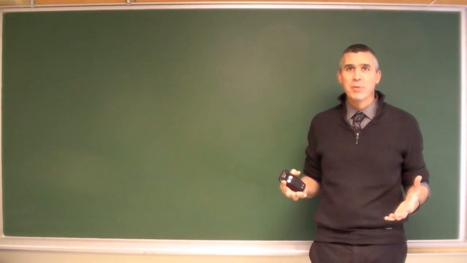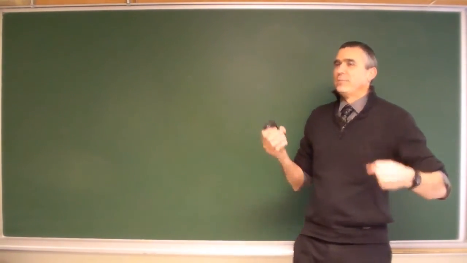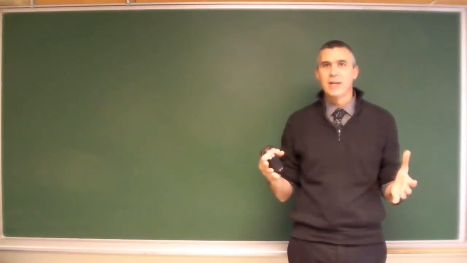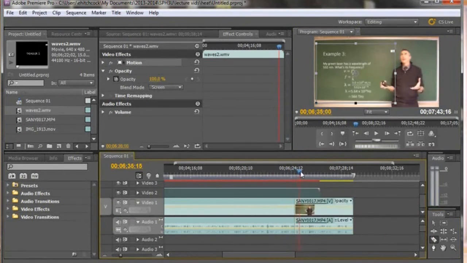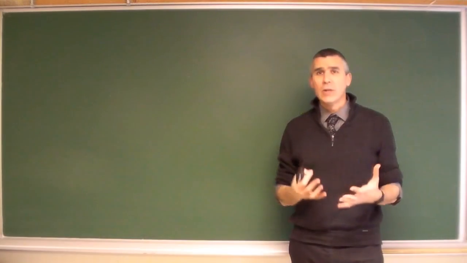If I screw up and say something wrong, then I can just cut that out. And yeah, so I jerk around a little bit, big deal. It keeps it streamlined, and it keeps it moving quickly along.